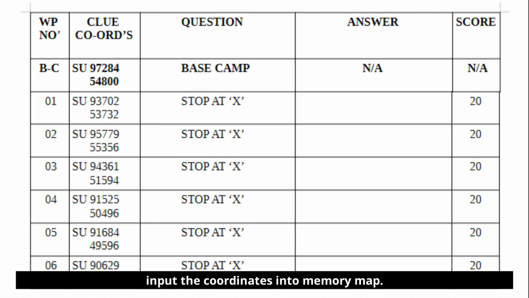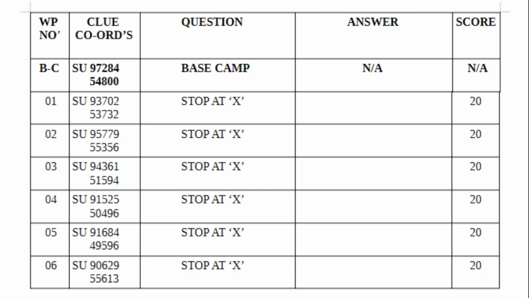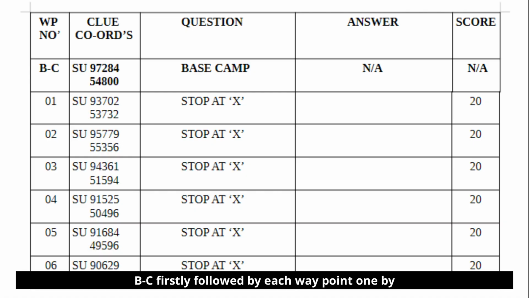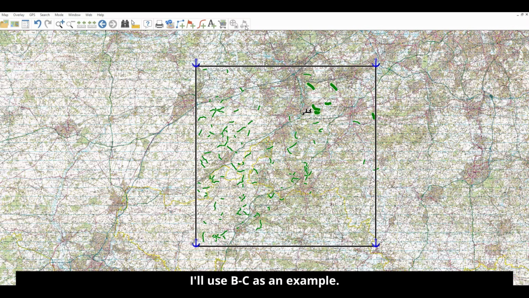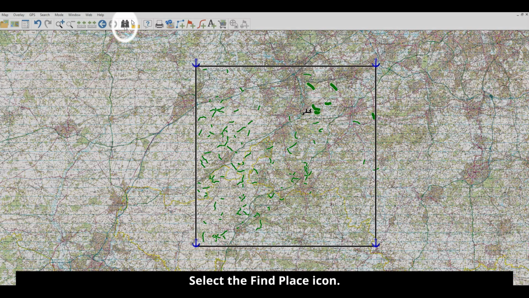Input the coordinates into memory map. Base camp firstly, followed by each waypoint 1 by 1 until you have them all. I'll use base camp as an example. Select the Find Place icon.